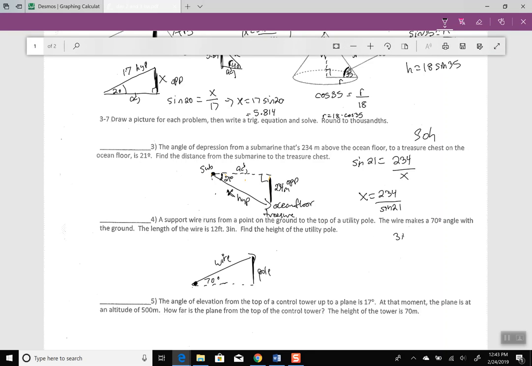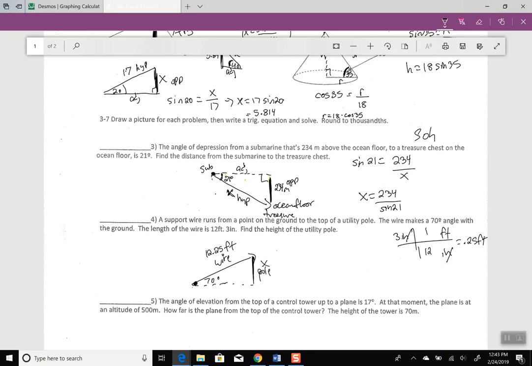So in 3 inches, if I do my conversion, I want inches to cancel, and I want to end up with feet because I'm talking about 12 feet. So I want some amount of feet. And that conversion is in 1 foot, there's 12 inches. So when I do 3 divided by 12, I get 0.25, and my only unit left is feet. So the length of the wire is 12.25 feet. And it wants to know the height of the utility pole.